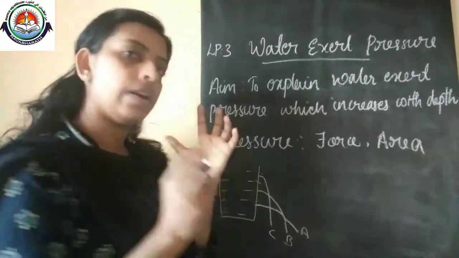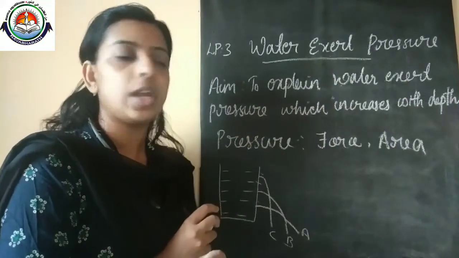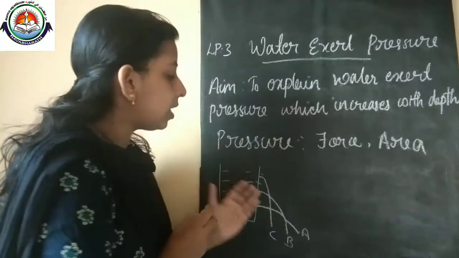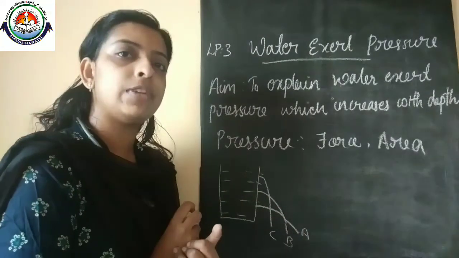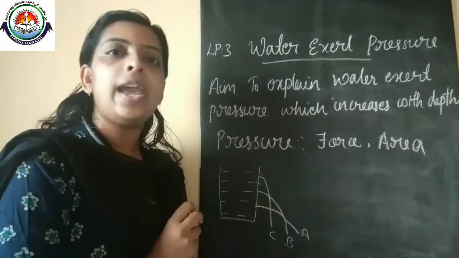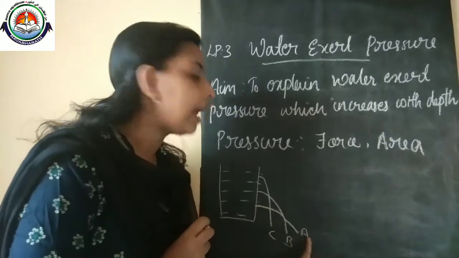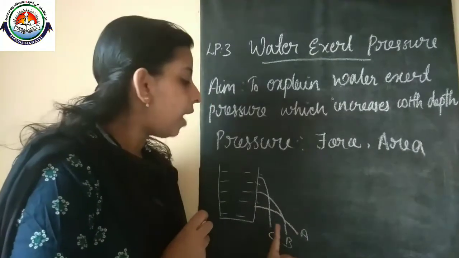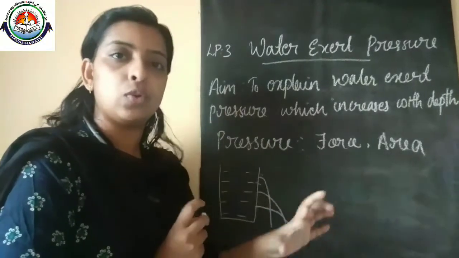In which case does more pressure act, from which hole, A, B or C? A. Why? Because from A the water goes farther away from the tank with more force.